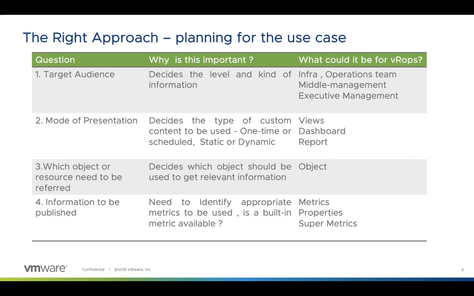If you don't have the relevant information, you need to look at building a supermetric, which is nothing but a mathematical way of representing or manipulating the metrics you already have in VROps. So these are the four questions you need to ask. Once you have the answers, we will be able to build the right content to represent that use case.